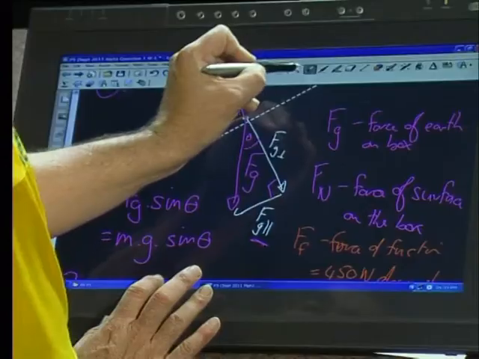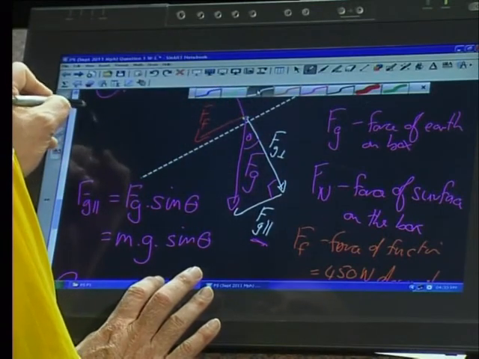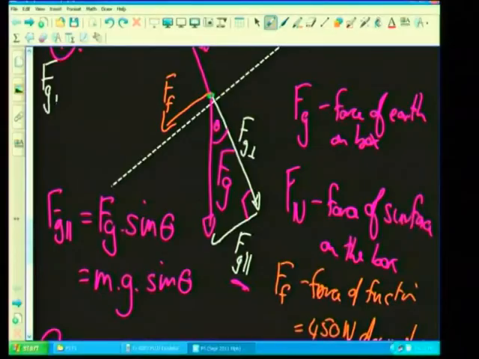They might do it with something like static friction. They could ask you for FG perpendicular, and FG perpendicular would be this equation, mg times cos theta. So those are two really important equations to know.